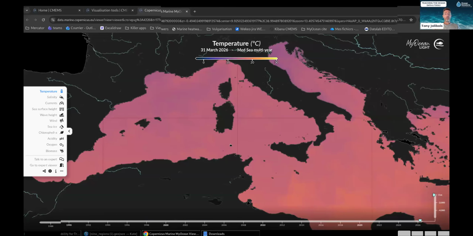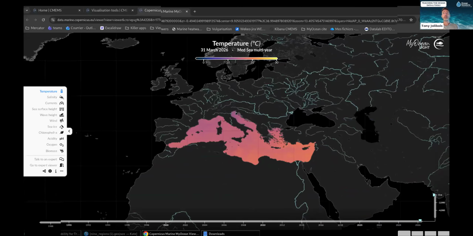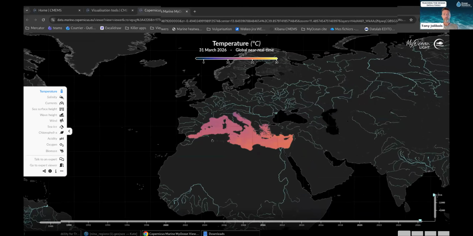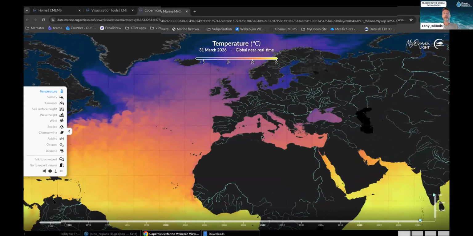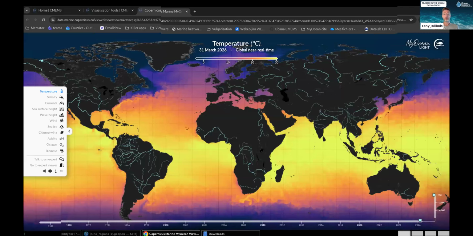What is striking about these viewers is that they provide interactive access to the data in real time. So looking at each variable at global scale, you can examine the geographical distribution of the values.